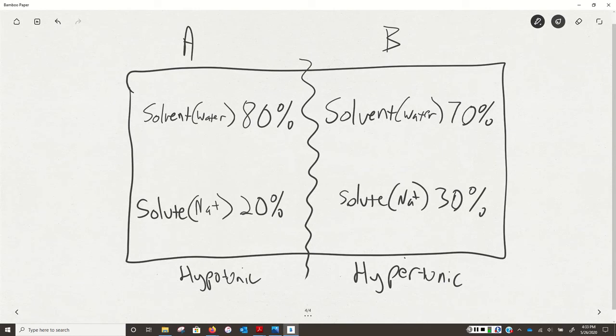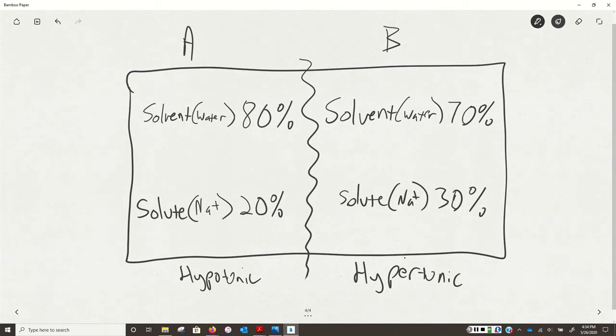Well, we said this is a selectively permeable membrane. Typically when we hear that, it will say this membrane is permeable to, and it will tell you what can cross. But if it does not tell you what can cross, that means water and nothing else can cross that membrane. So here, this is a membrane that is permeable to water and nothing else.